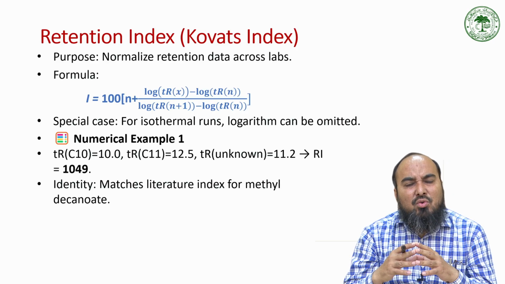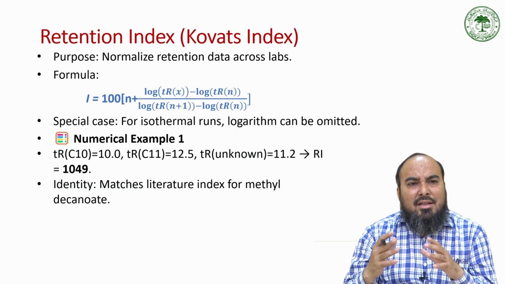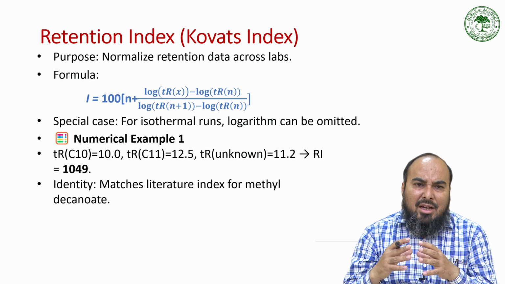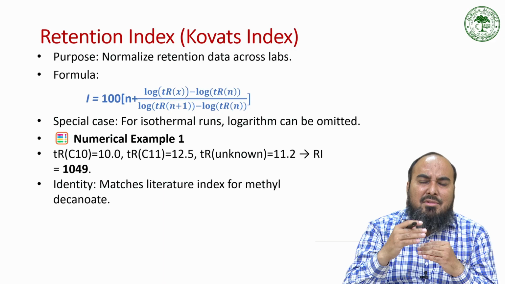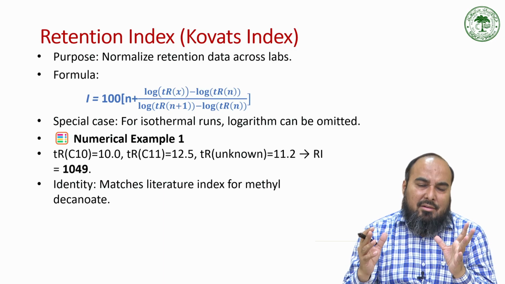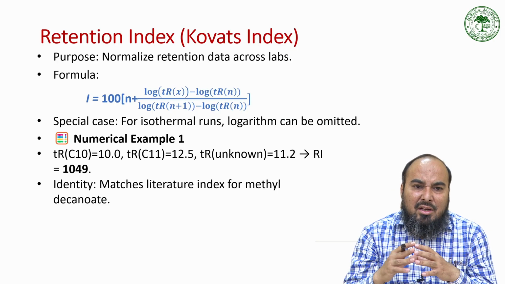And he chose a series of alkanes to generate this Kovats index, because alkanes, on increasing the number of carbon atoms, increase in a very ordered manner. That is why he developed the Kovats index on the basis of the alkanes.